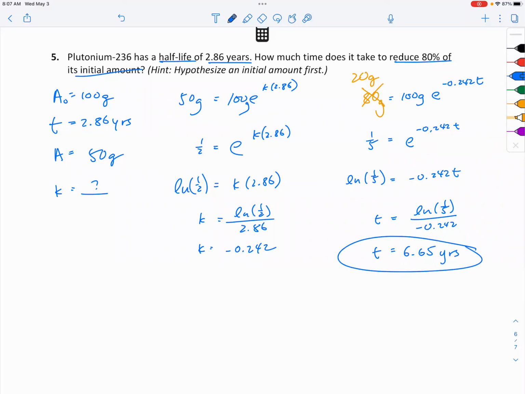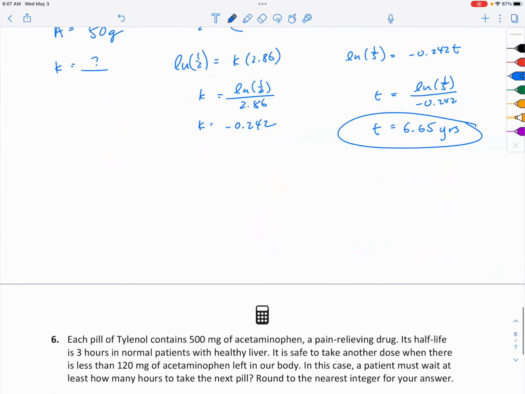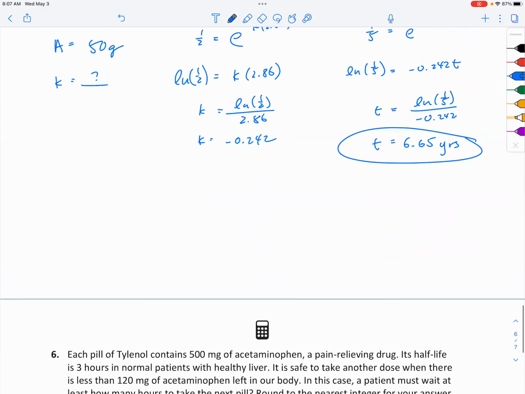Okay, and by the way, the answer has to make sense. And what do I mean by making sense? Well, if you have to drop to only 20% left, and you truly understand what half-life is, one half-life goes from 100% to 50%. And then another half-life would go from 50% to 25%. There are two half-lives right here.